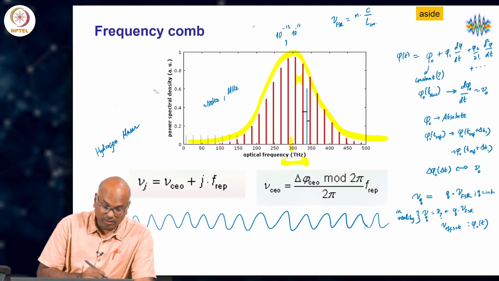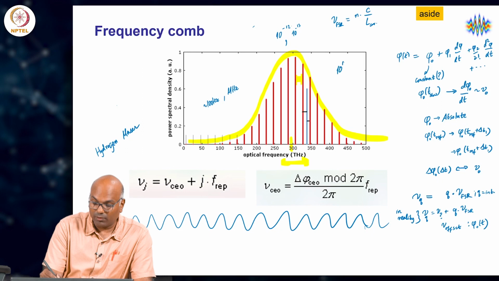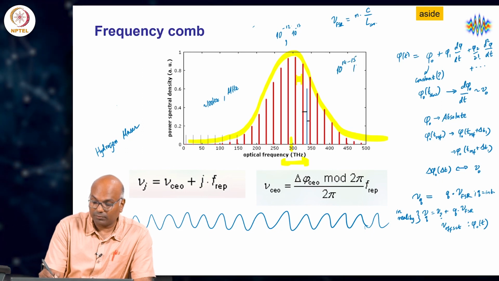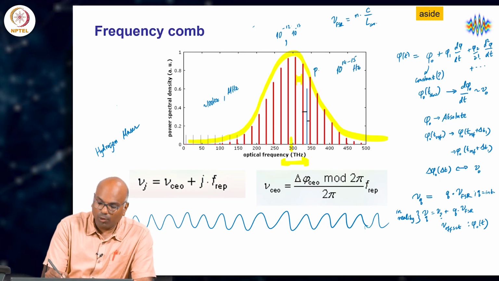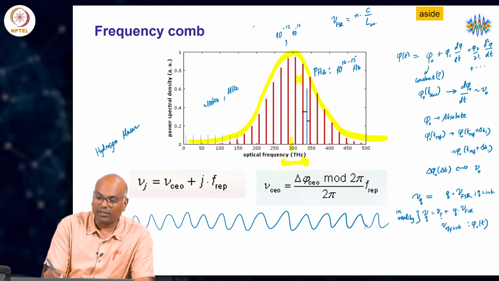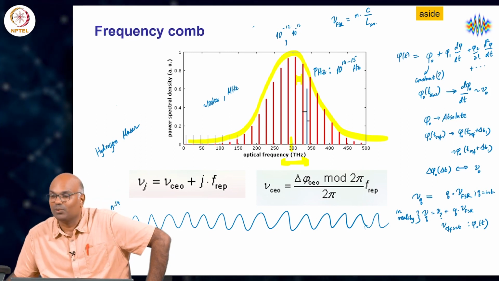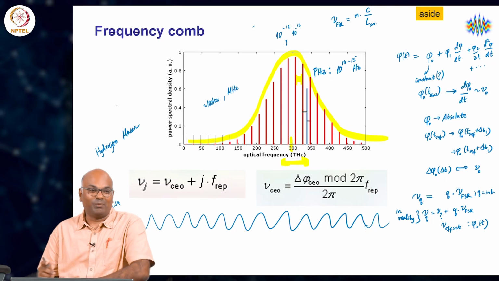This is done for petahertz frequencies, 10 to the 14 to 15 hertz. I mean, 0.1 to 1 petahertz, be a little forgiving. Don't say that 0.1 petahertz is only 100 terahertz and not 1 petahertz.